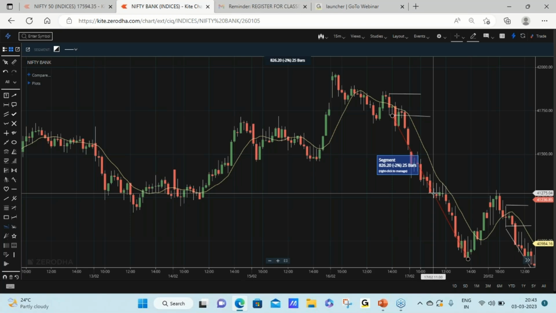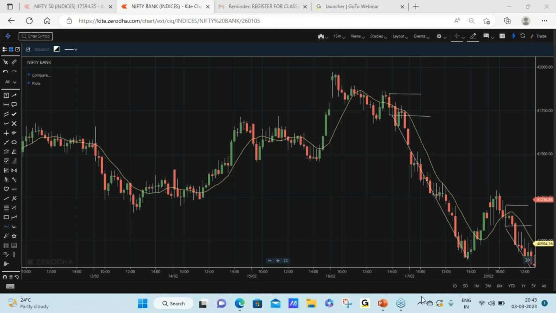If you capture 600 points with one lot, what is the profit that you're making? So 12K, right? For 10,000 rupees, you're getting 15K, right? So yes, I'll just show you the brokerage.